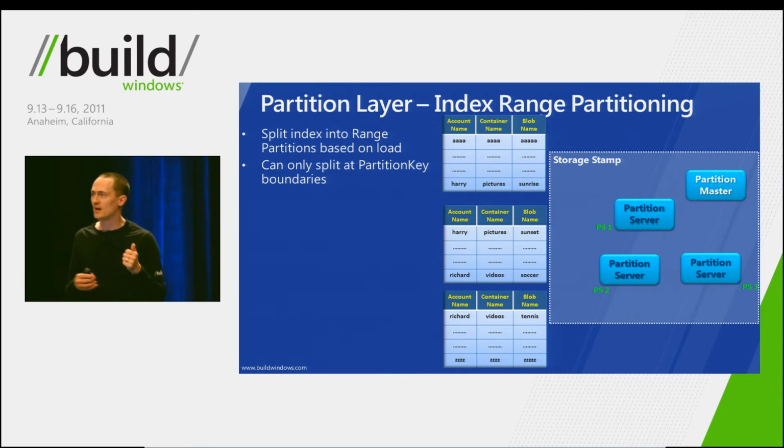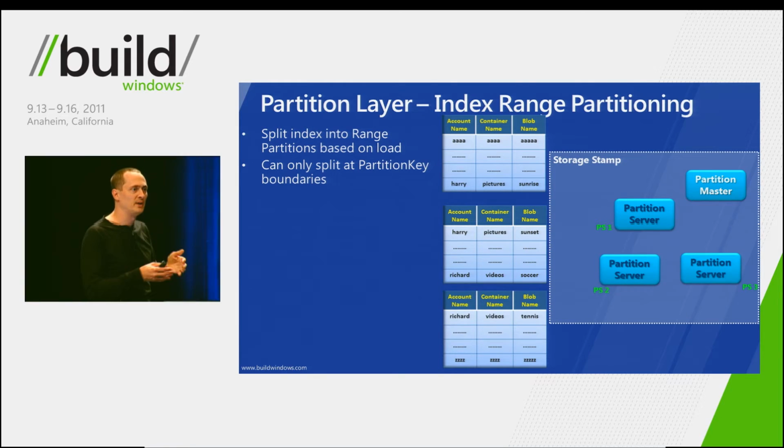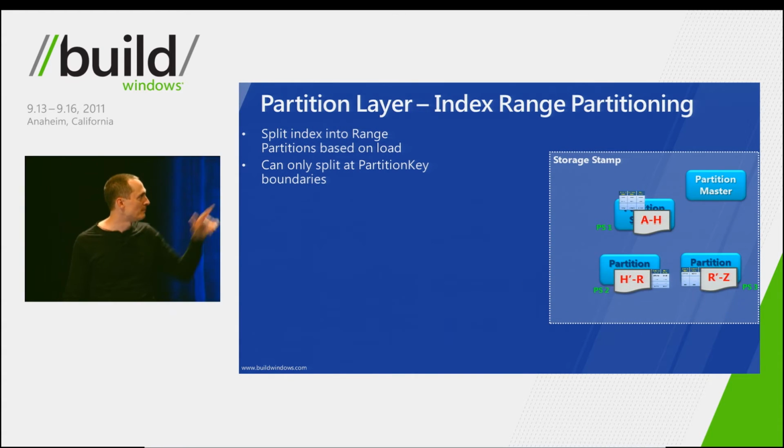We call these index range partitions. And note that we can actually split a container index across multiple range partitions. So we can actually take a container and then spread its index over hundreds of servers if we need to. Okay? These index partitions, or range partitions, are assigned to partition servers by the partition master.